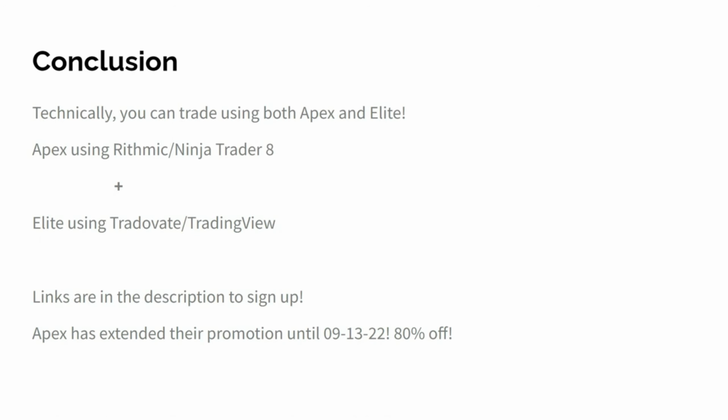It's not violating any rules with Rhythmic because you're maxed out on Rhythmic, and then you're maxing out with Tradovate. Technically you could run 40 accounts in two separate windows, your NinjaTrader window and a browser window on the side for Elite.